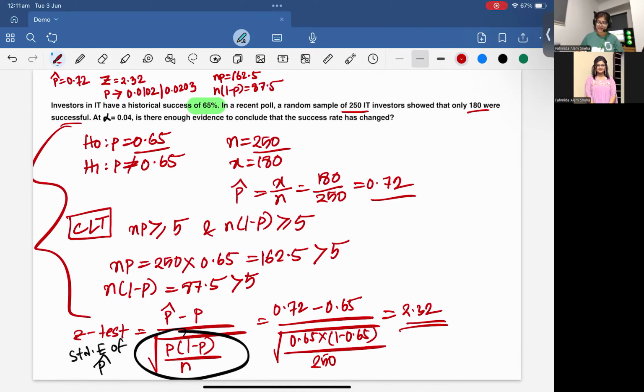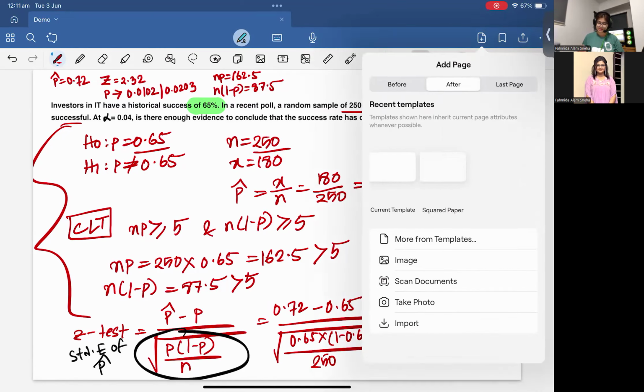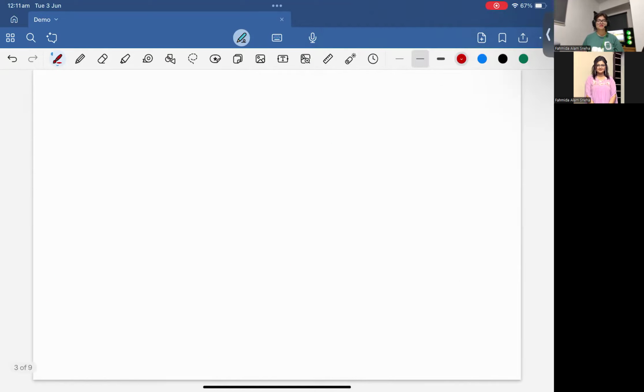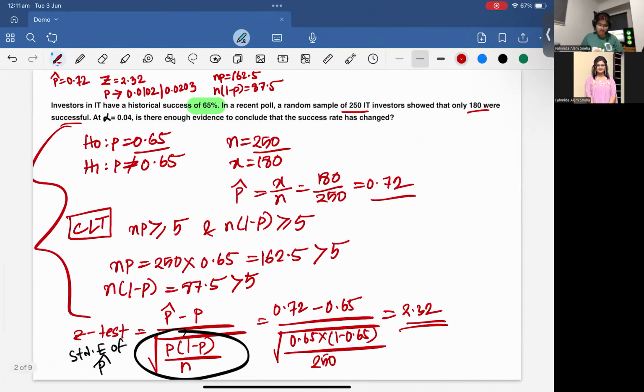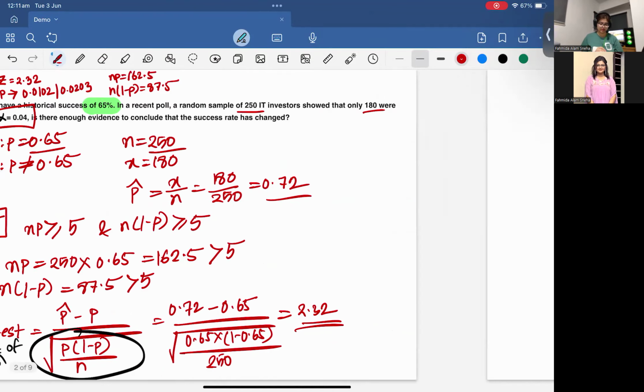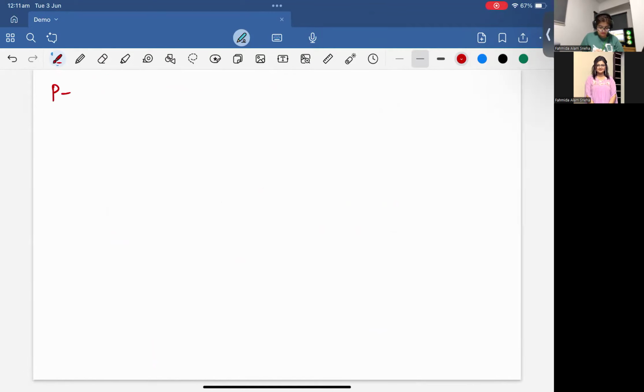All right. Next, we are going to see if the p-value is greater than or less than the significance level, which is 0.04. All right. To find out the p-value, we have to do it in Excel. There are other sources where we can find the p-value, but here we will be using Excel. And in Excel, in any cell, you just have to write equals 2 multiplied by bracket 1 minus NORM.S.DIST.